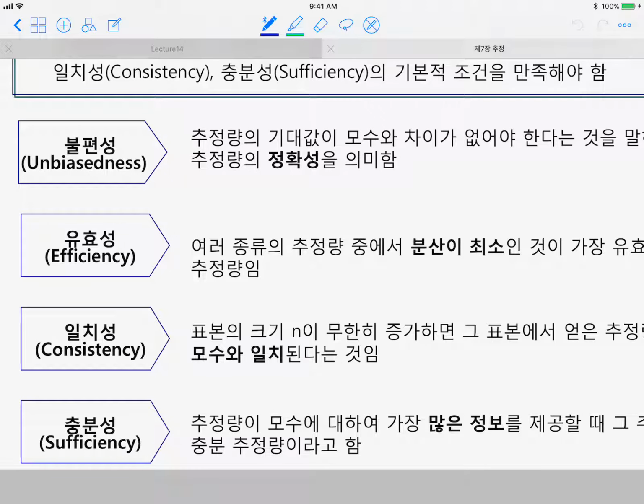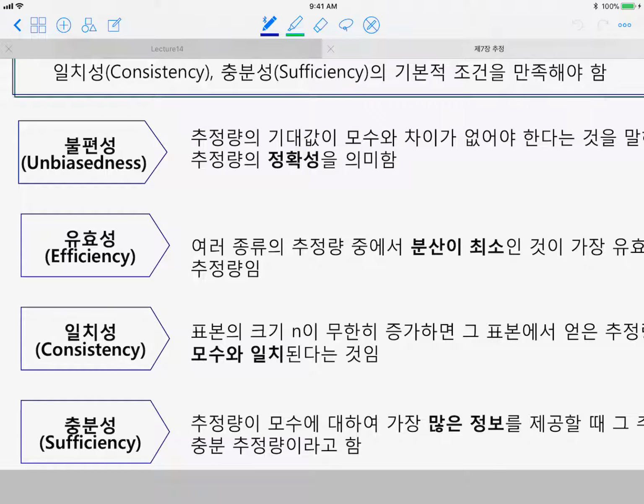Among these, the third one, consistency. If your estimator is consistent, it means that as n gets larger and larger, your estimator will have zero variance, and zero variance means that even though you have different samples, your sample statistic or estimator will be just a single value.